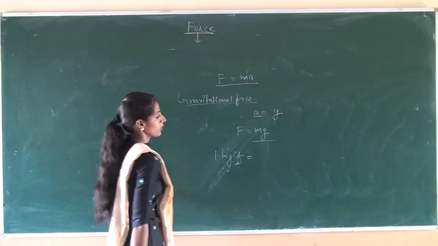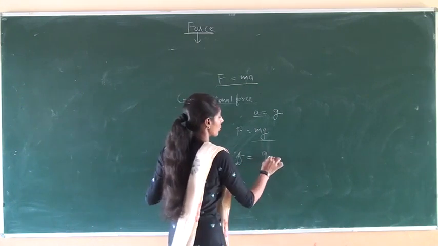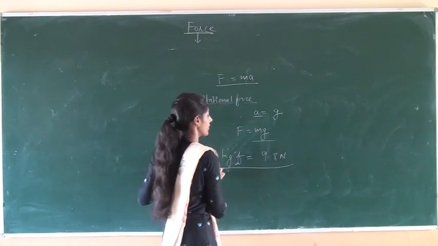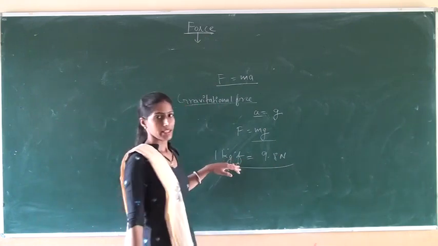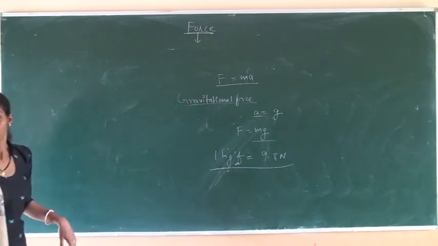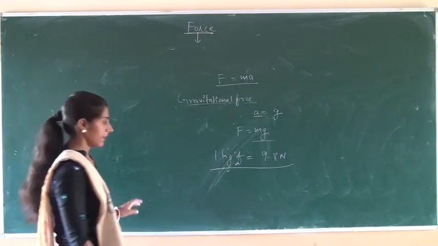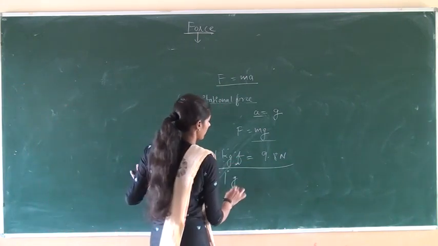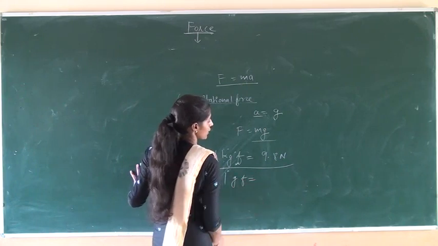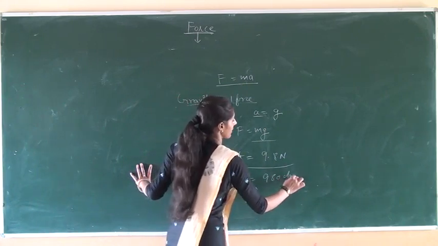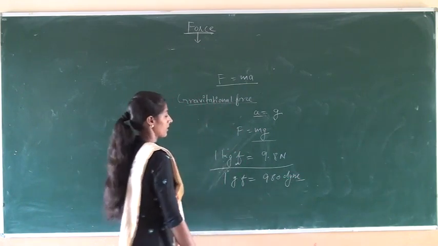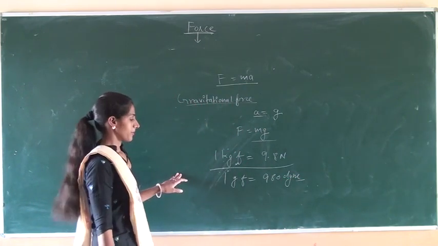One kg force is equal to 9.8 Newton. This is the relation between the Newton and the kgf. And 1 gram force is equal to 980 Dyne.